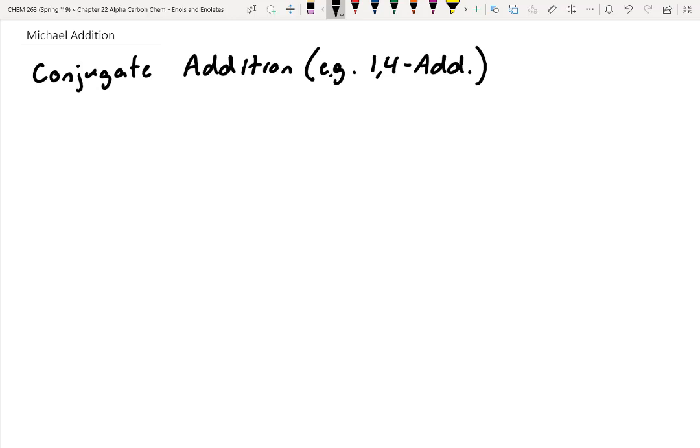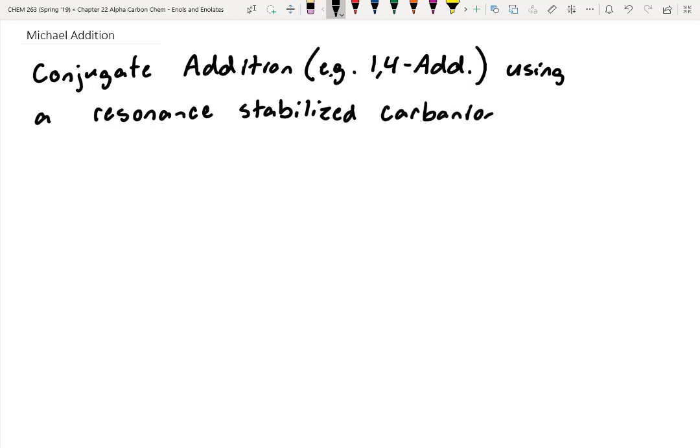So let's write that down. However, in this case, we're going to use a resonance stabilized carbanion. Okay, so let's take a look at what I mean by resonance stabilized carbanion, because that sounds pretty fancy.